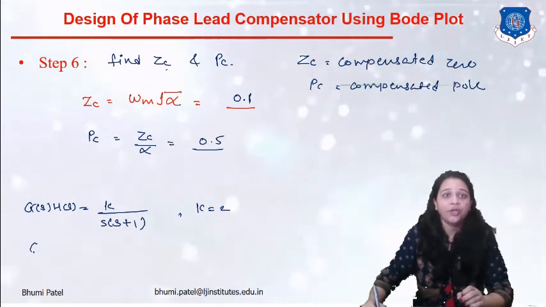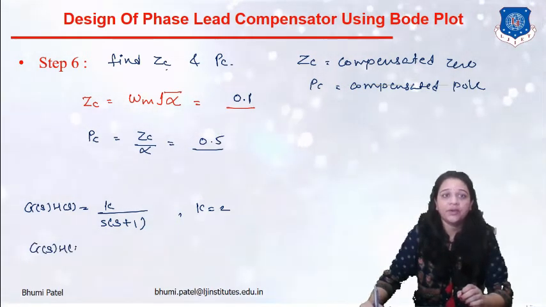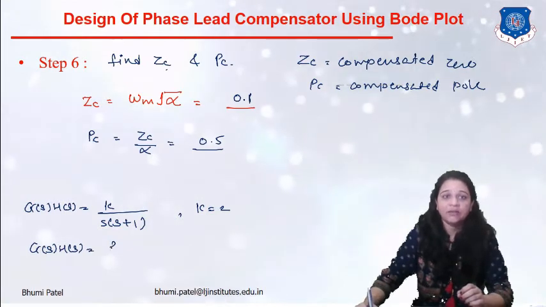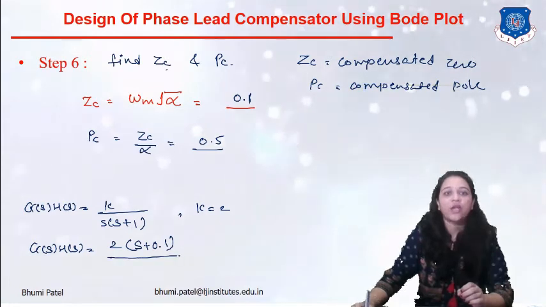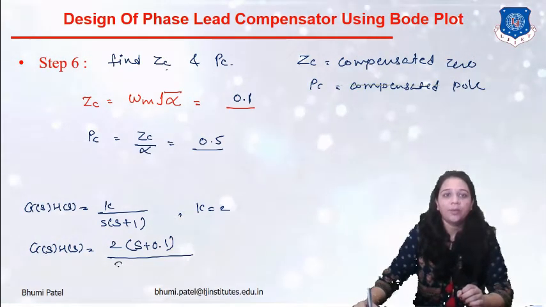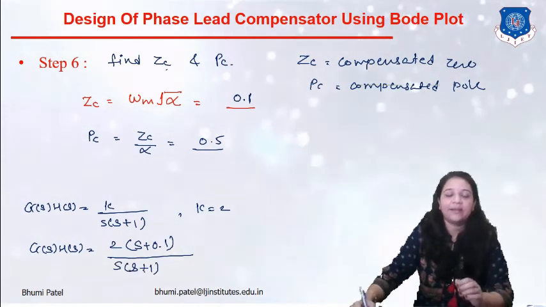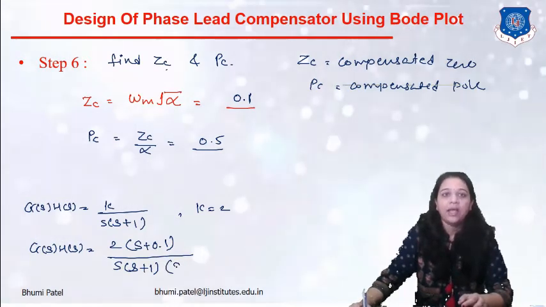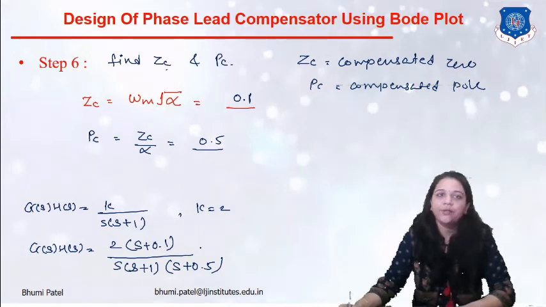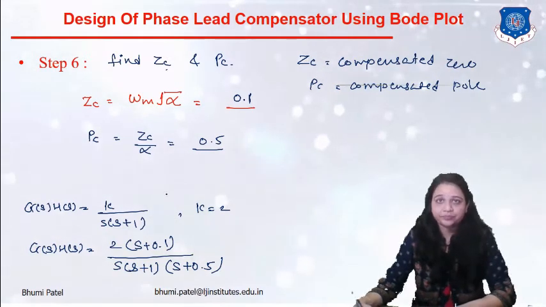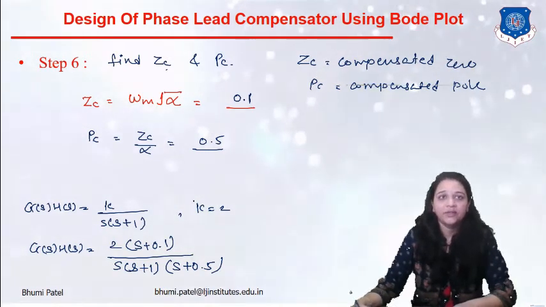So now our new transfer function becomes K equal to 2, S plus 0.1 upon S plus 1, that is the uncompensated pole, and the new compensated pole is S plus 0.5. So this is my new transfer function.